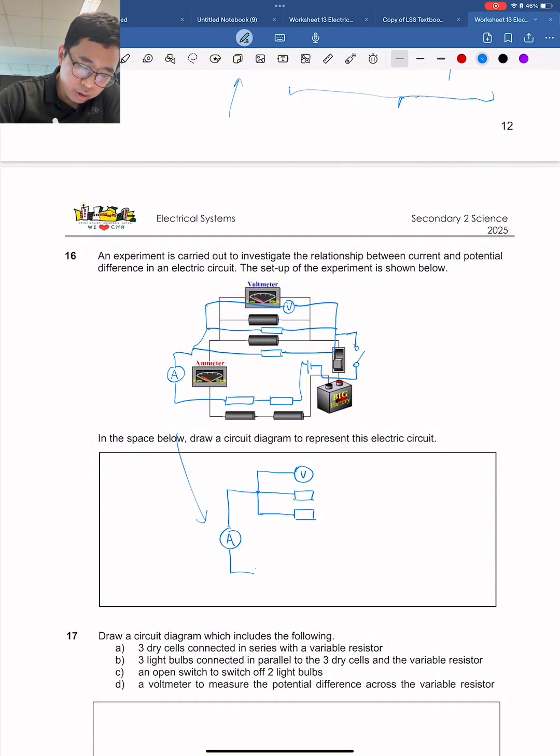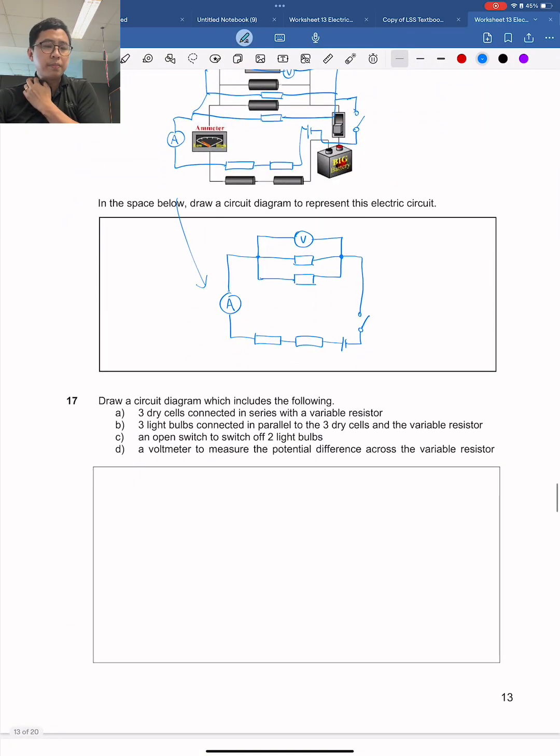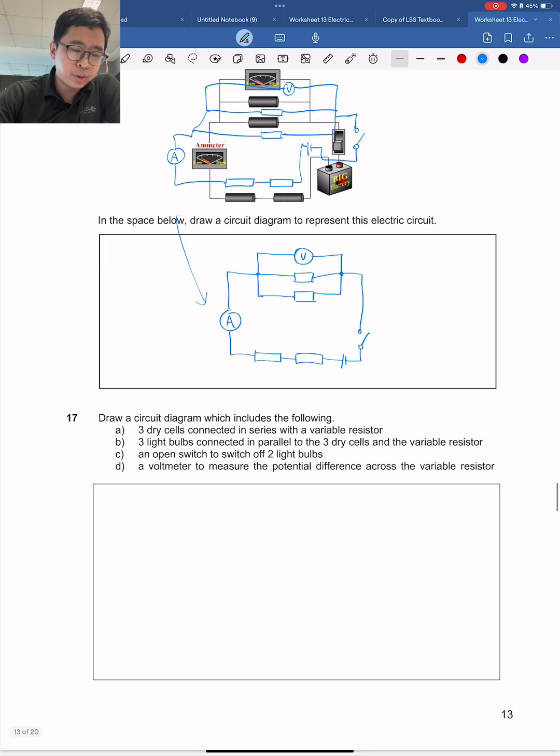It goes to resistor 1, goes to resistor 2, it goes to your cell, it goes to your switch, and that's how you draw this. So do learn how to draw it. I think drawing is important.